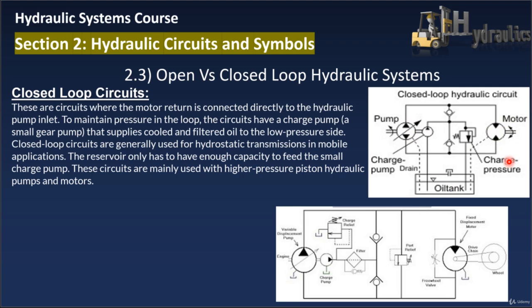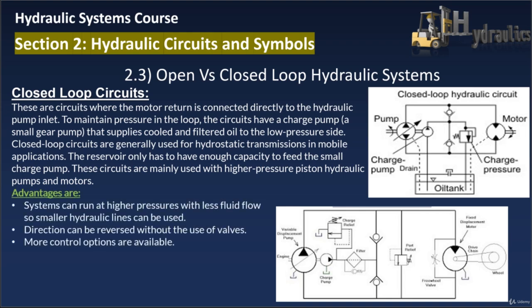The main pump can also control the pressure and the flow of the fluid in a closed loop hydraulic system. That's why controlling elements such as directional control, flow, and pressure regulating elements will not be required for a closed hydraulic system.